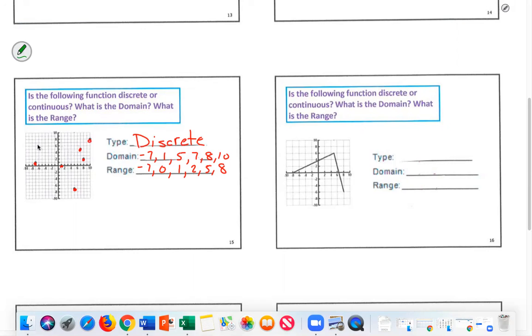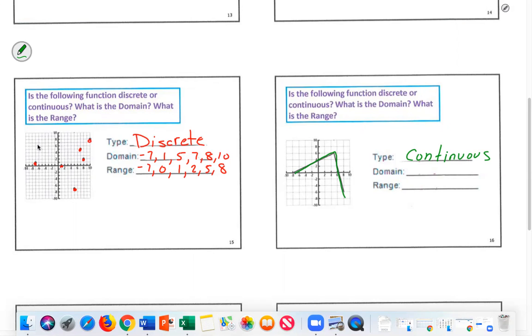Now, when we look at this one, it's continuous. Why? Because notice it's smooth. It's not broken up. Okay, I know it's kind of bent, but it goes on all through those numbers. So it's going to be continuous. And my domain, this is kind of funky.